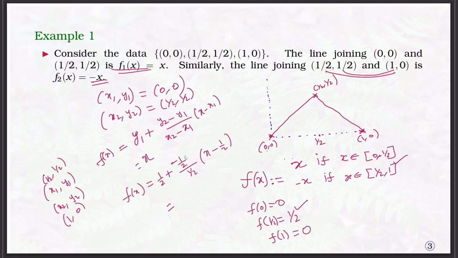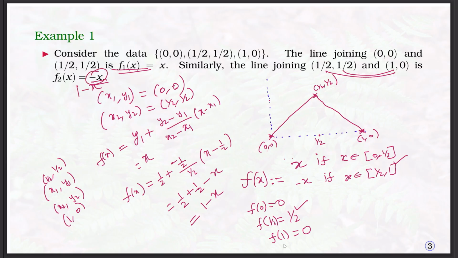So, this will get cancelled, then this becomes half plus 1 by 2 minus x. So, one can get 1 minus x. So, this is not minus x, it is 1 minus x.